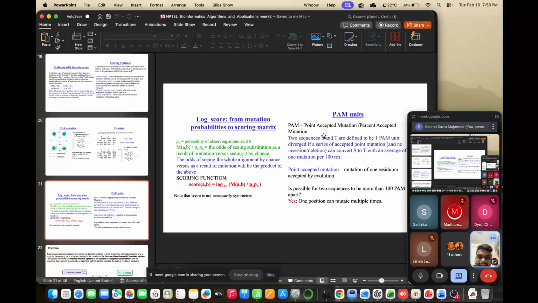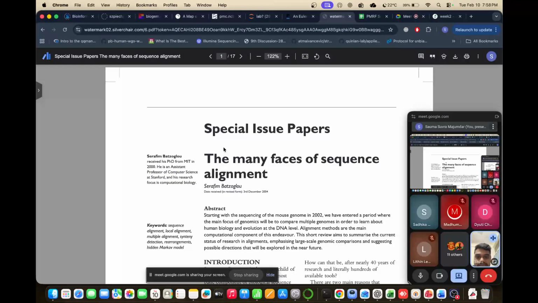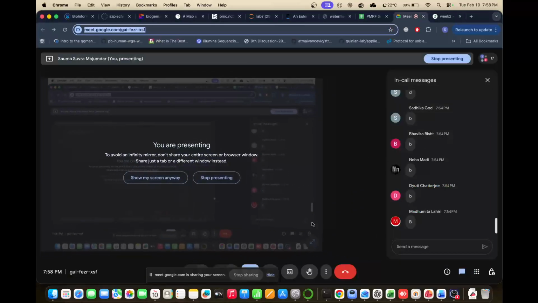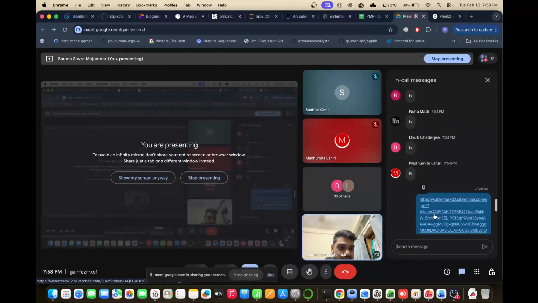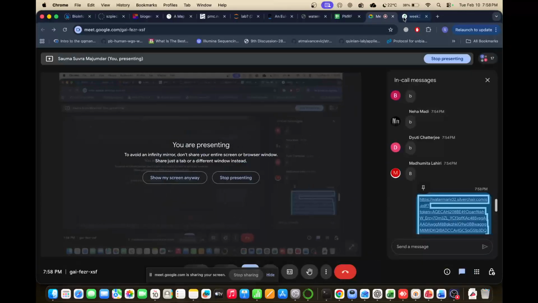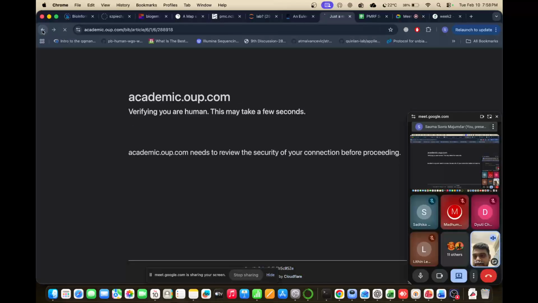Since you guys are interested, this is a very good paper that I think you can read in terms of sequence alignment. I need to reload this. Just give me a moment.